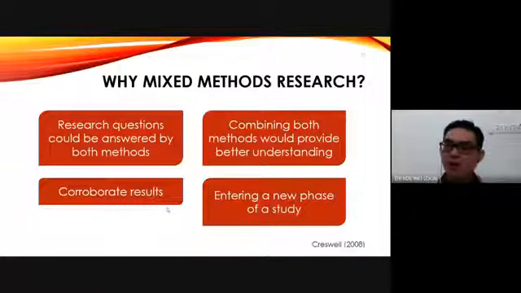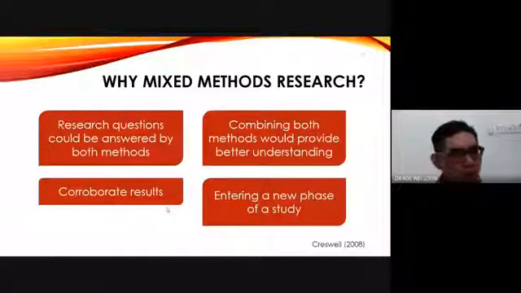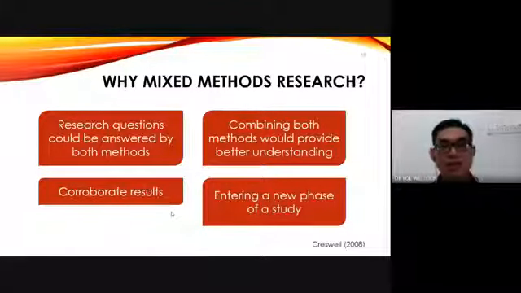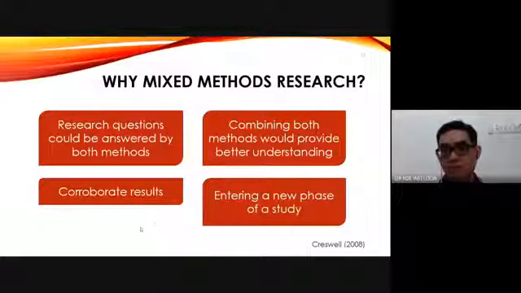But that is what you find out from the questionnaire. Maybe you want to reconfirm. Is what I get from my questionnaire true? Is that really accurate? You may want to corroborate the result, so you may want to conduct an interview. You select a few customers, you interview them, and you see whether they give you the same answers or not. So that is corroborating the result.